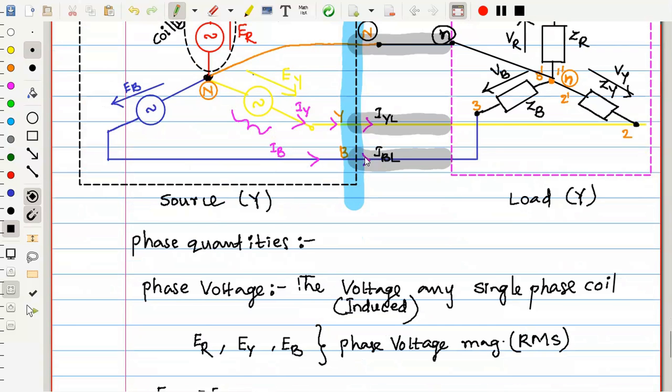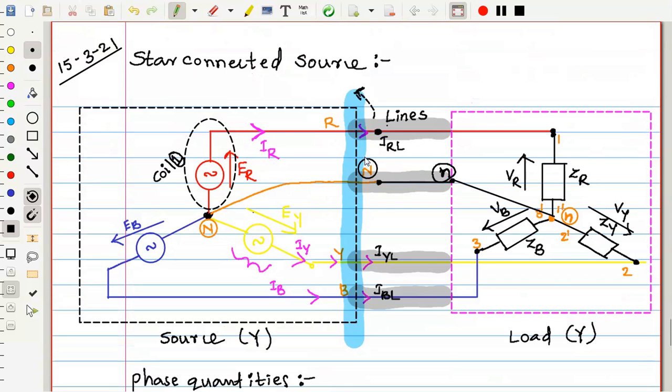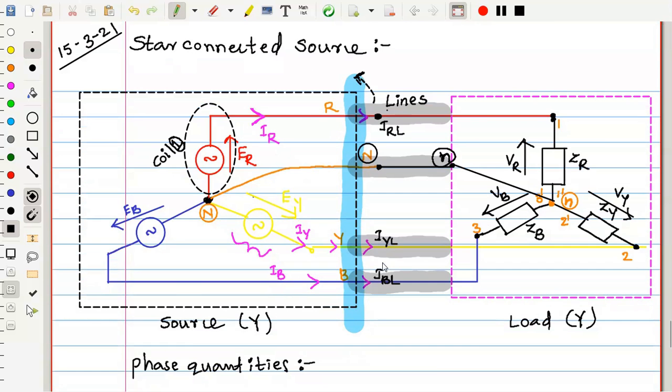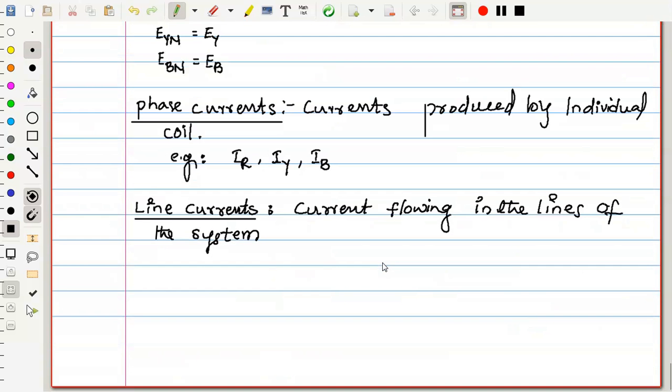And here in the case of star connected configuration, there is a default advantage that the current flowing internally is the same as the current flowing through the line. That is the advantage. This is a very important observation. So the line current IRL is equal to phase current IR. Similarly, the line current IYL is equal to the phase current IY. The line current IBL is equal to IB.